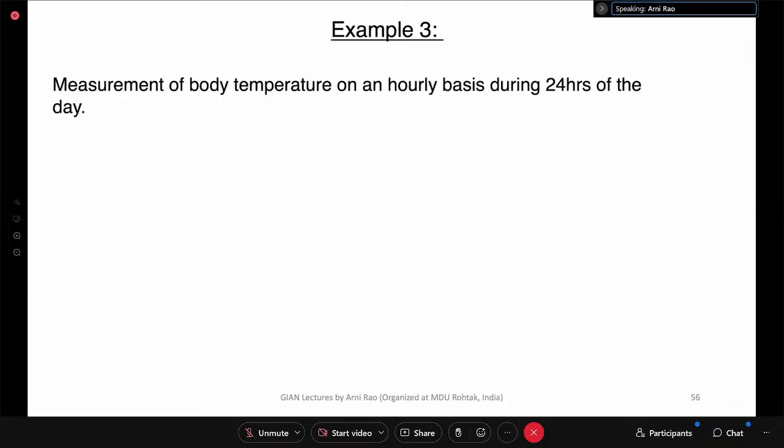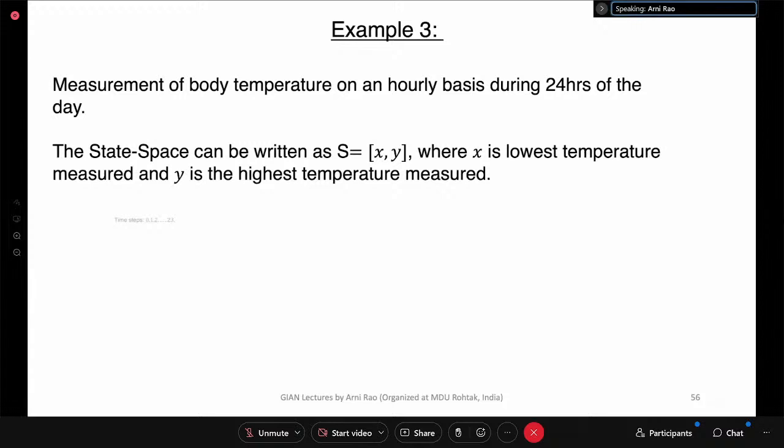Example 3. Body temperature, as we discussed some time back, blood pressure: in that case, the state space is some interval. In the morning, at any time, a patient comes to a hospital or medical setup and is kept on observation.